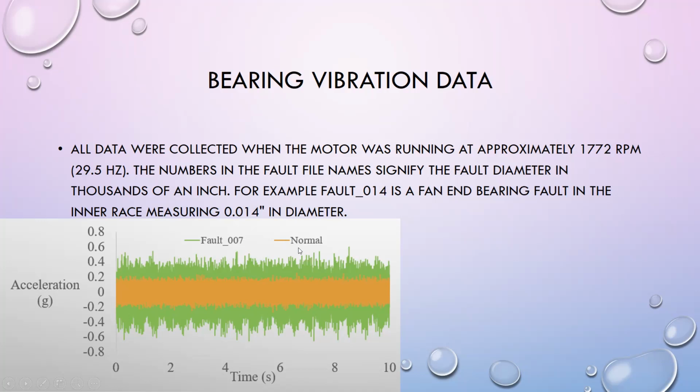So we have different data, but here we focus on these two types, the normal and fault 007. All of these data are collected from an electrical motor, when this motor is running at approximately 1772 RPM.